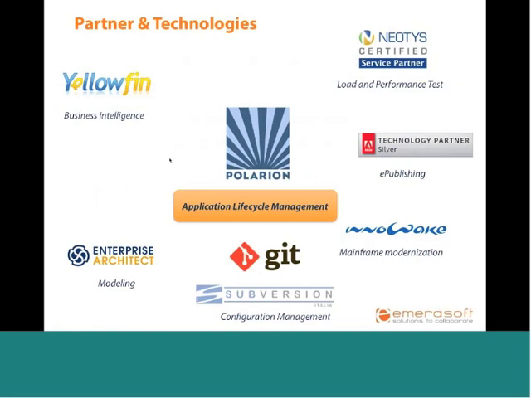As you can see, we have different partners all over the world. Polarion is our partner in ALM. Then we deal also with the Italian community of configuration management, dealing with both Git and Subversion.